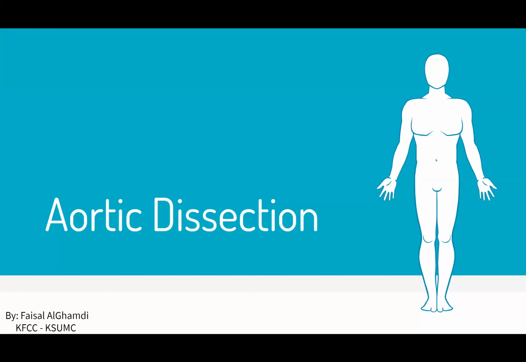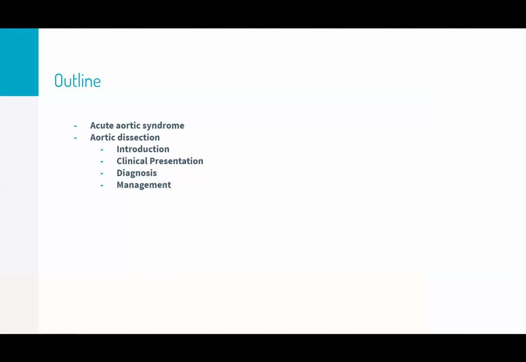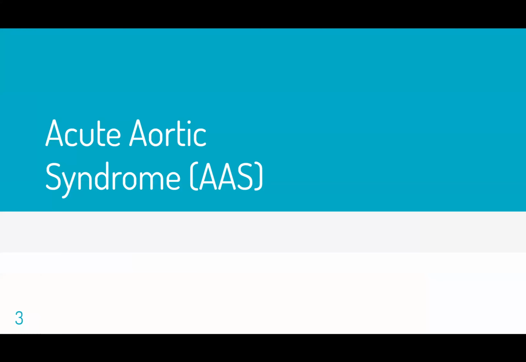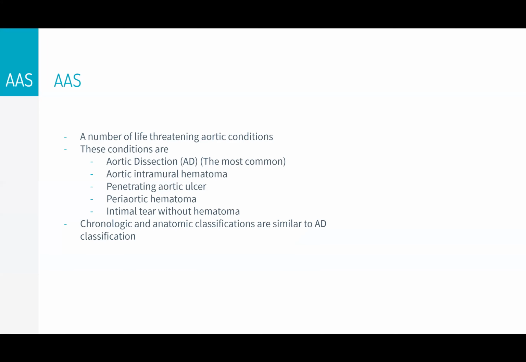So aortic dissection, these are the content of my presentation. I'll talk briefly about acute aortic syndrome and aortic dissection. Before we delve into aortic dissection, we need to know that aortic dissection is part of a syndrome that is called acute aortic syndrome.